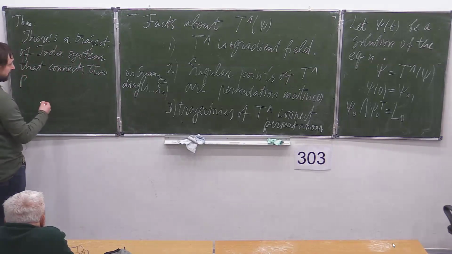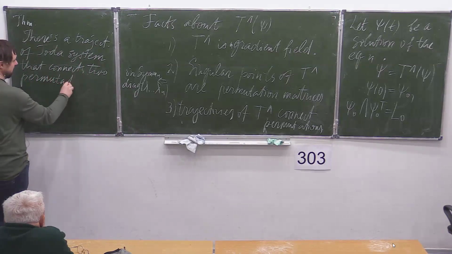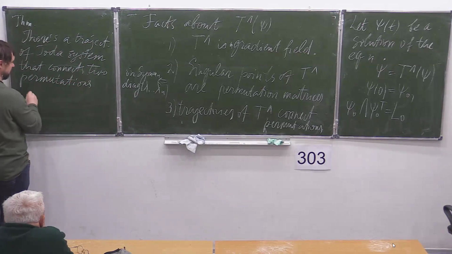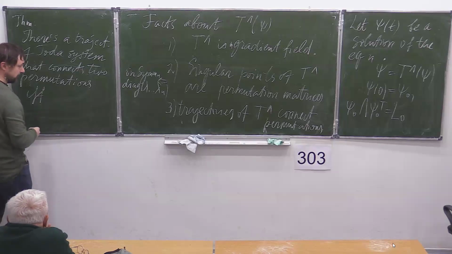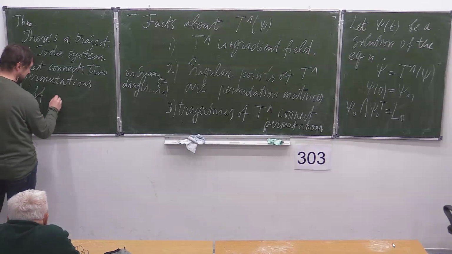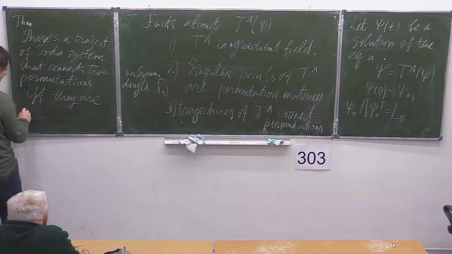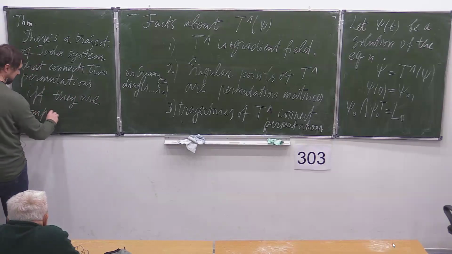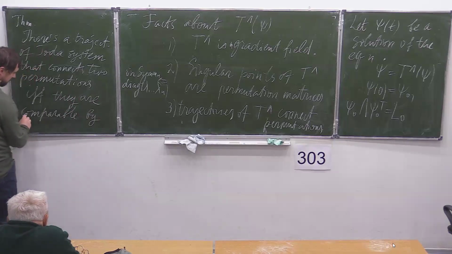And then you can consider any two permutations, and they can be connected by a trajectory if and only if these permutations are comparable in the sense of Bruhat order, the strong Bruhat order.